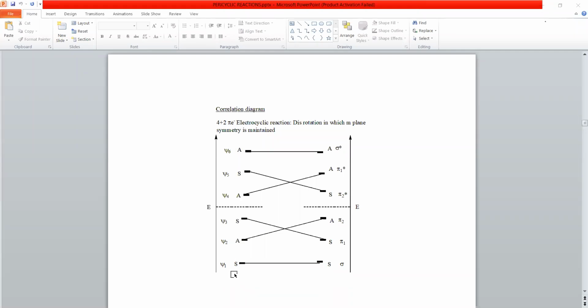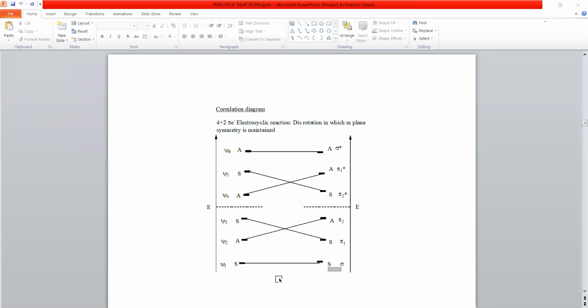Now to draw this correlation diagram and see the conservation of orbital symmetry, we join the orbitals having the same symmetry properties. So sigma square correlates with psi1 square.